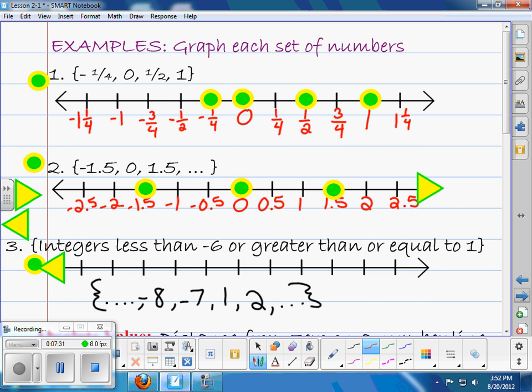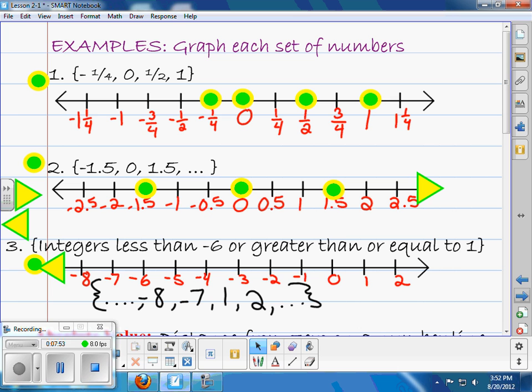Let's fill in our tick marks. If this first tick mark is -8, that means to the right of it, it's getting bigger, so that would be -7, -6, -5, -4, -3, -2, -1, 0, +1, and +2.